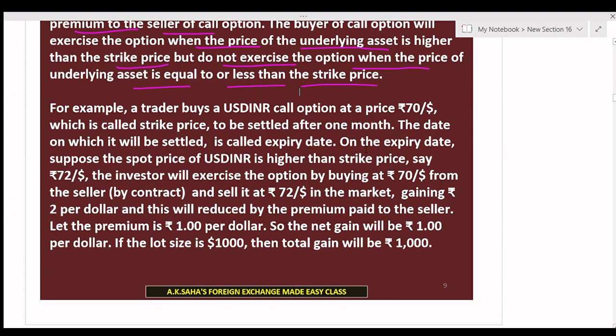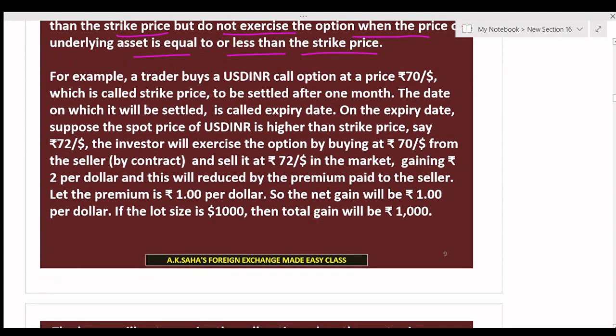For example, a trader buys a USD INR call option at a price of rupees 70 per dollar, which is called the strike price, to be settled after 1 month, that is the expiry month. The date on which it will be settled is called the expiry date. On the expiry date, suppose the spot price of USD INR is higher than the strike price, say rupees 72 per dollar.